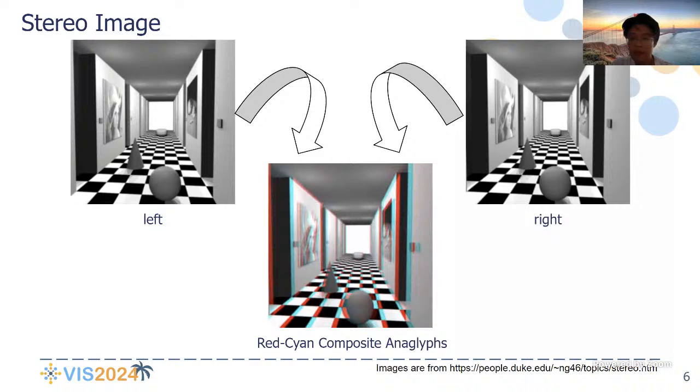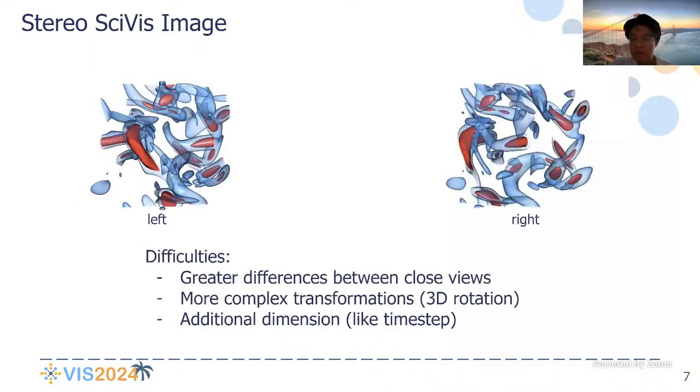As the example shows, they possess rich mutual information that can be made use of. When it comes to SciVis images, we can extend the concept of stereo images to images with close viewpoints. However, compared with stereo images, SciVis image compression is harder due to complex transformations, such as the 3D rotation of the volume, and the greater differences between close views and additional dimensions.